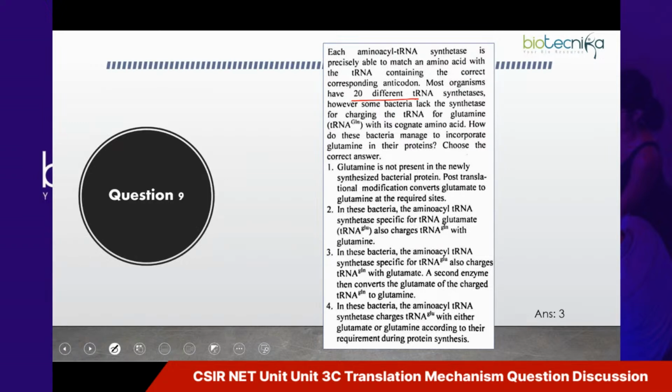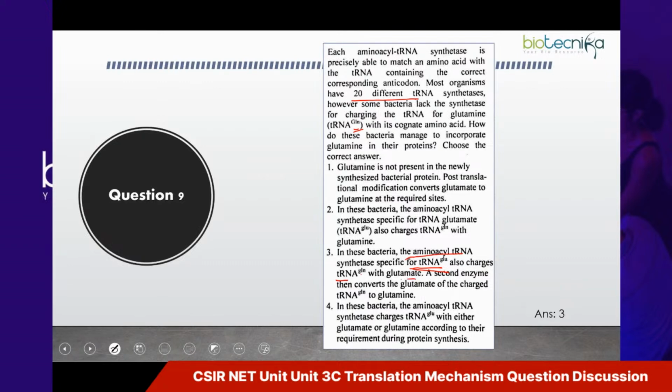Now, why option 3? Glutamine and glutamate also have very similar side chains, right? One has the extra amino group, one has the extra carboxylic group. So in those bacteria which lack the glutamine tRNA synthetase, the aminoacyl tRNA synthetase specific for glutamate will charge the tRNA glutamine with glutamate only.